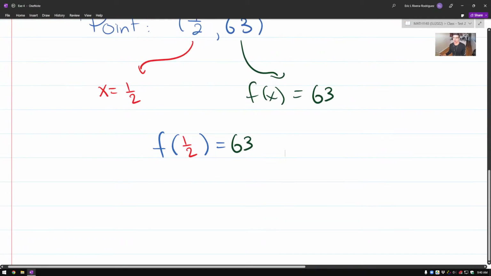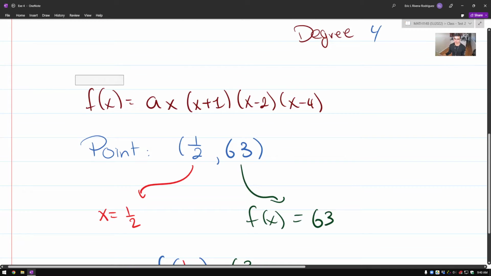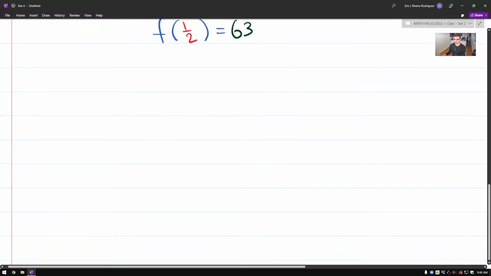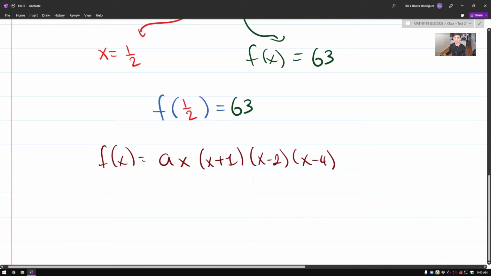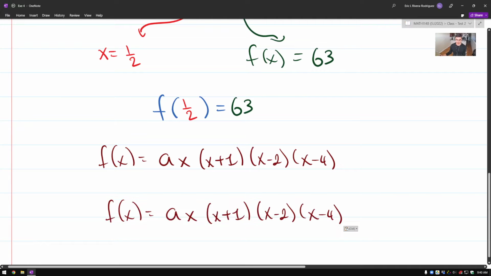And we are going to use this information to identify the value of the leading coefficient. How are we going to do that? That's correct, that's exactly what we are going to do.